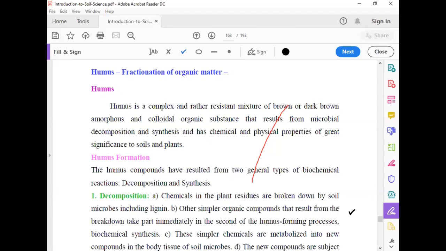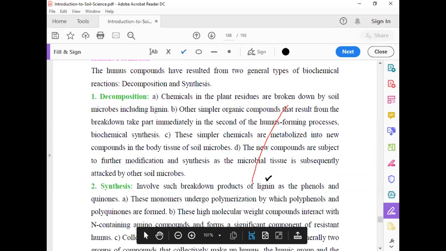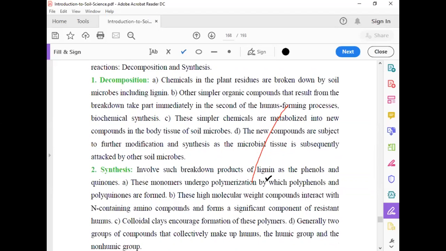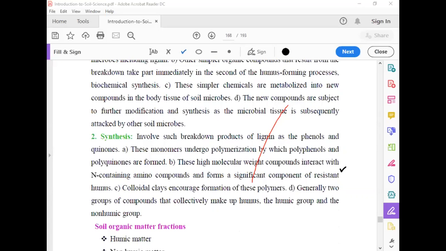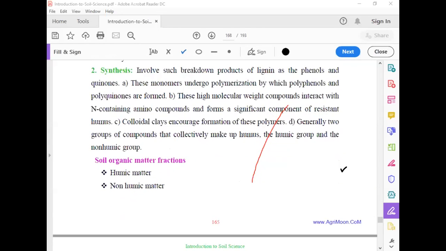Humus is an organic colloid that has a size of less than 1 micrometer. It is attributed to, number one, the decomposition process, then synthesis, which involves breakdown products of lignin such as phenols and quinones, which produce the non-humic group and humic group.